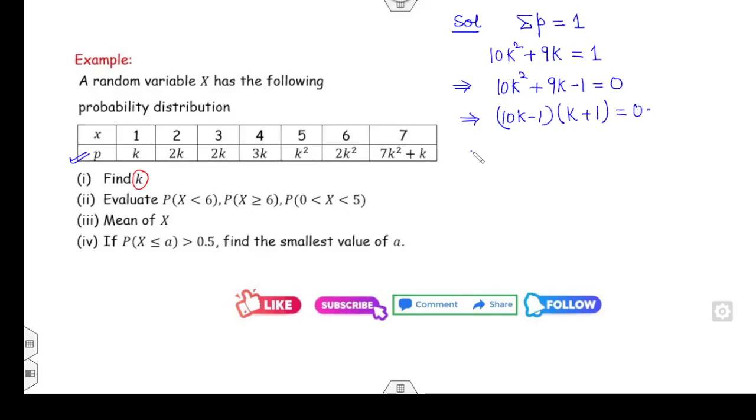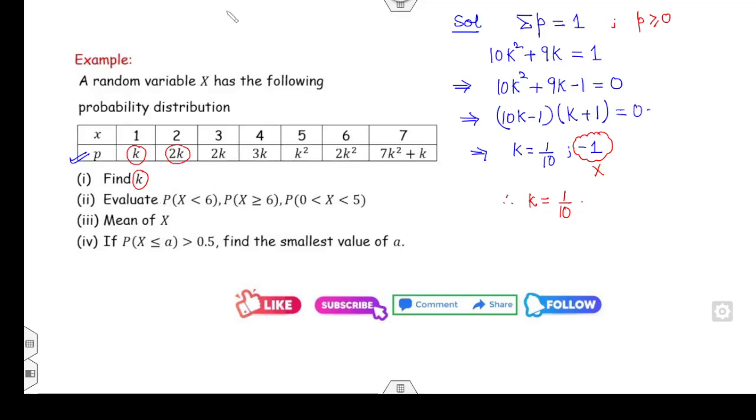So k will be 1 over 10 and k will be minus 1. One more condition is that each probability must be positive. But if you consider k equal to minus 1, the first number will be negative and the second number will be negative, but each probability must be positive. Therefore, k equal to minus 1 is not possible. Hence, k equal to 1 over 10 is the right answer of this particular problem.